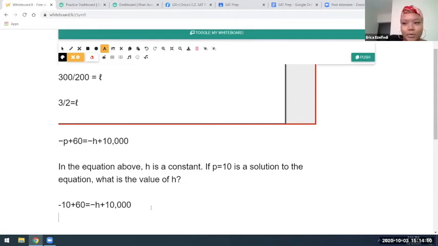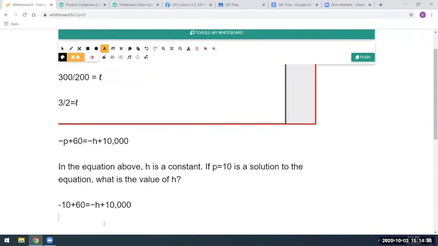So what's the next step we do? Do we solve negative 10 plus 60 first, or do we do the other side? Do you have the answer for that?